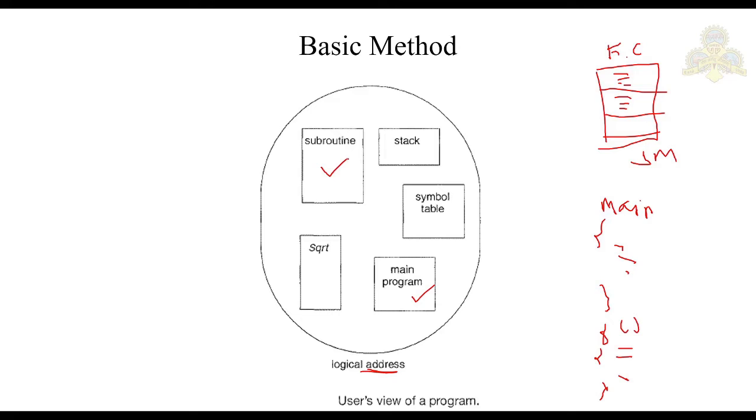Say your program contains some data structures like a stack, it would be kept in another segment. If you have the definition of a square root function, it will be kept as a block or segment in another part. If you have a symbol table, it would be kept in another part. Basically, your program is divided into multiple parts such that the main function is kept somewhere, the square root function is kept somewhere, some other function is kept elsewhere, but each would be in a block or segment.